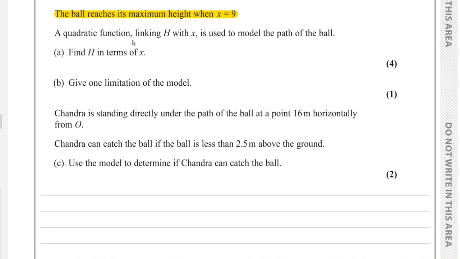We know a quadratic function linking h with x is used to model the path of the ball, meaning h will be of the form a multiplied by x subtract 9 squared, and the reason we subtract 9 is because the maximum point occurs when x equals 9, and then we add on b.